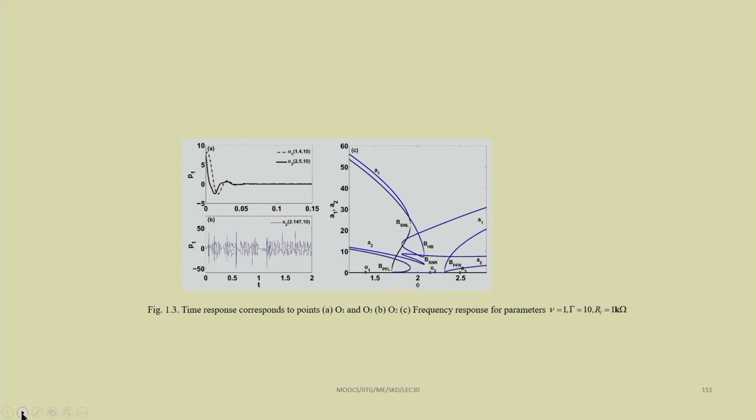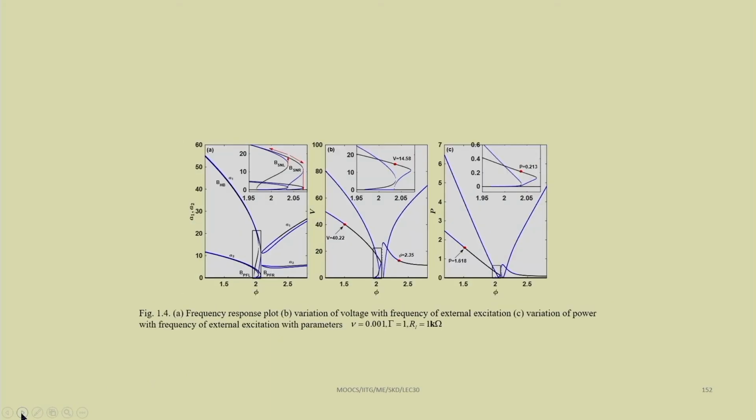This way we can find the frequency response. The frequency response can be plotted by solving these four or five equations we have seen, the first-order reduced equations. By solving these nonlinear equations using Newton's method, we have plotted this frequency response plot.